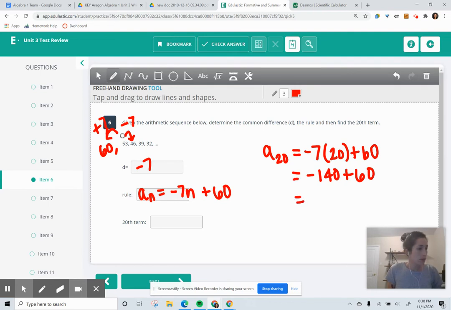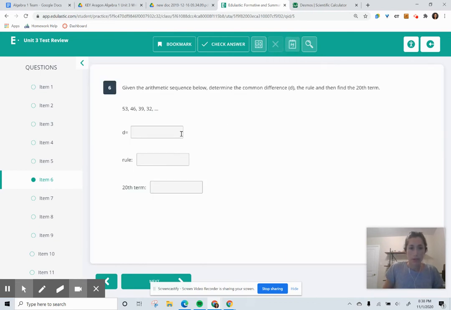And that's going to be negative 80. So going off the scratch pad here, then we will just type these in. We've got a sub n equals negative 7n, plus 60. And then our 20th term was a negative 80.